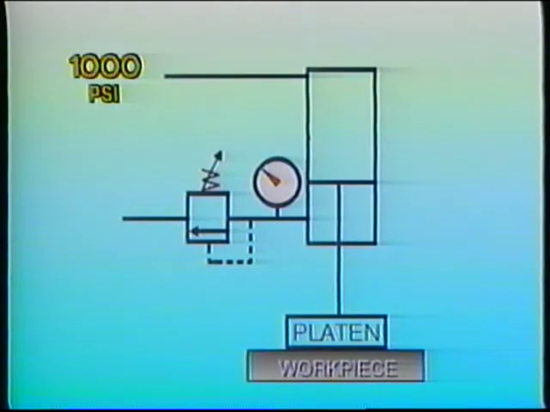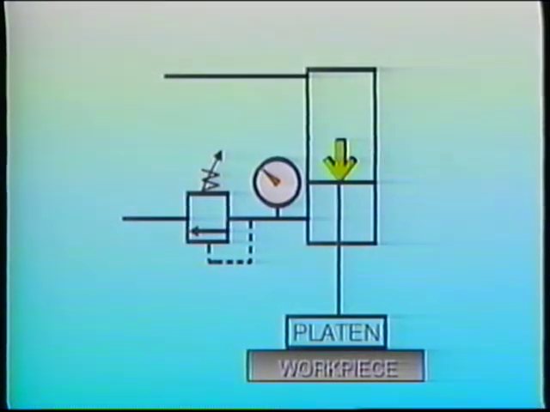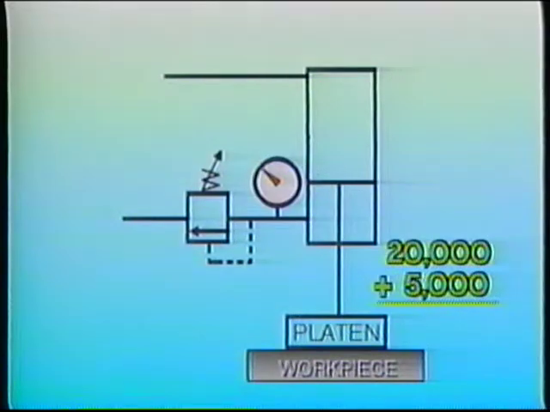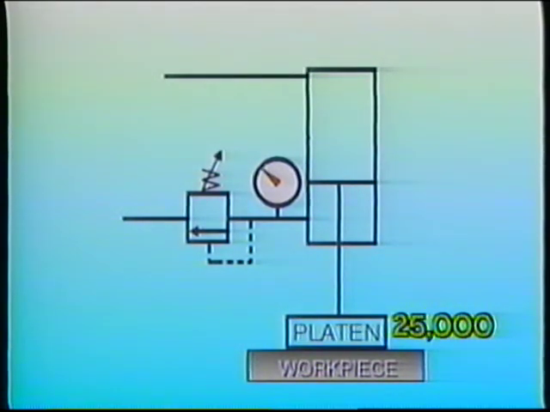As the platen presses into the work, the downward force is 1,000 psi times 20 square inches, or 20,000 pounds. When we add the weight of the platen, we have a total of 25,000 pounds of downward force.